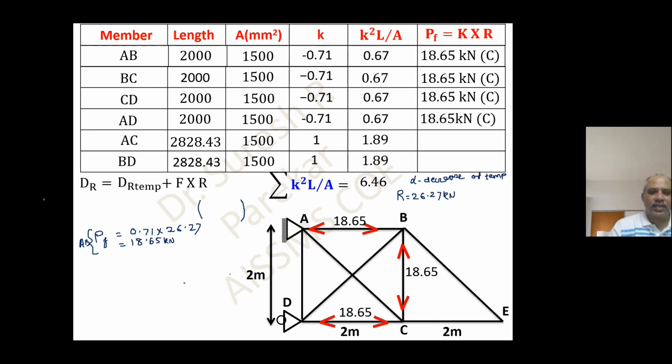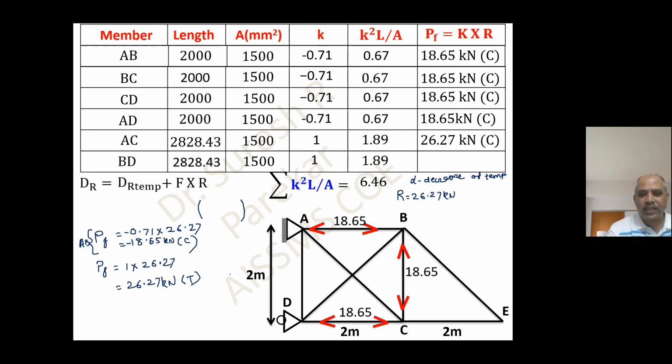Then we have next AC. For AC, PF is equal to 1 into 26.27, so we have 26.27 kilonewton, and that is tensile. For the others we have minus 0.71, so this comes to minus 18.65, which is compression.